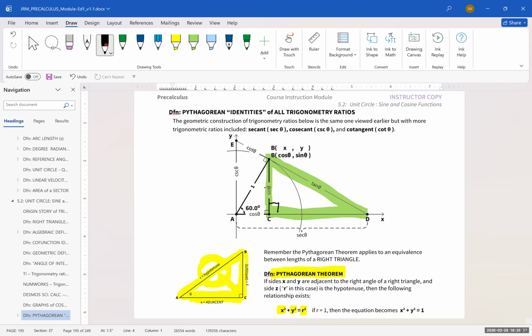So we're going to have sine squared theta. That's pretty simple. But how do we get this line segment? Well, that's going to be secant minus cosine and all of that squared. And then that'll be equal to tangent squared.